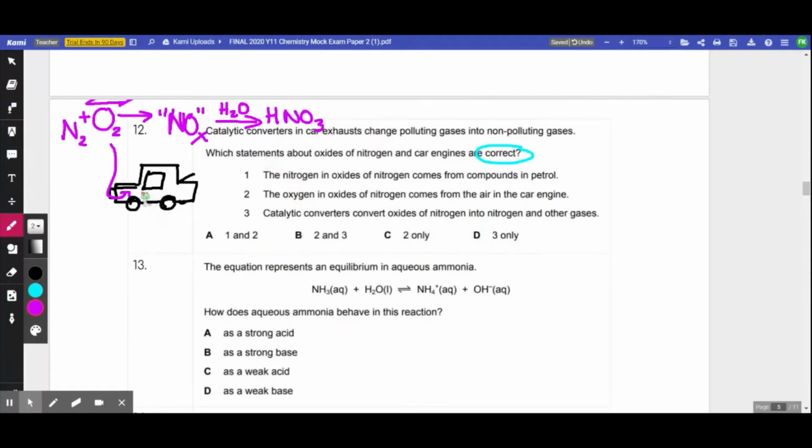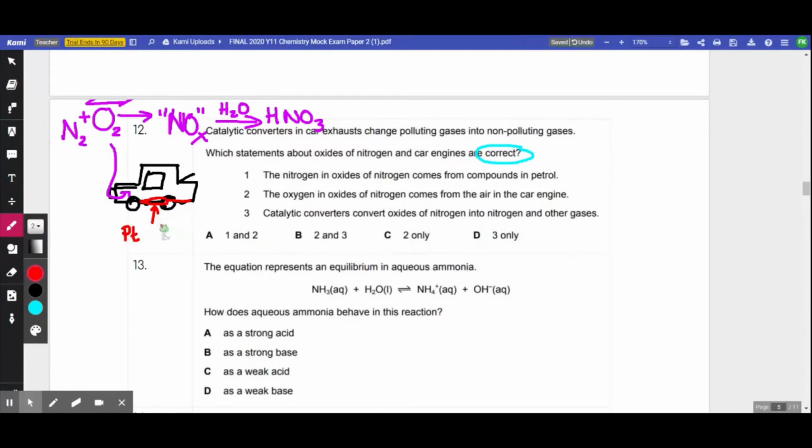The additional thing is that before the car emits the exhaust nitrogen oxides, you've got this little chamber underneath called a catalytic converter. That catalytic converter is full of very precious materials, for example, platinum.